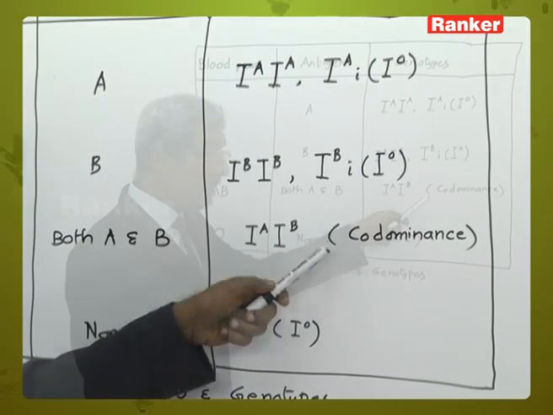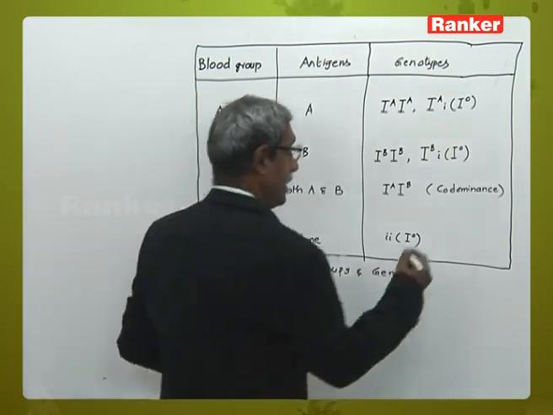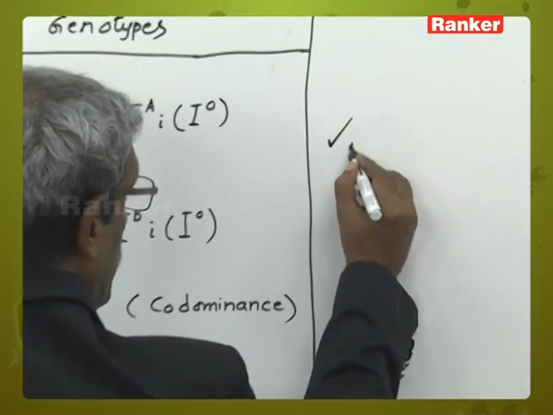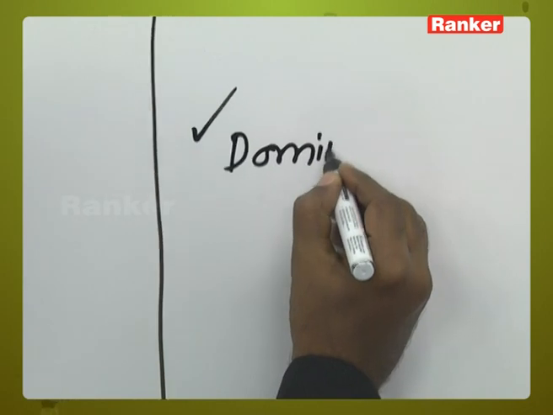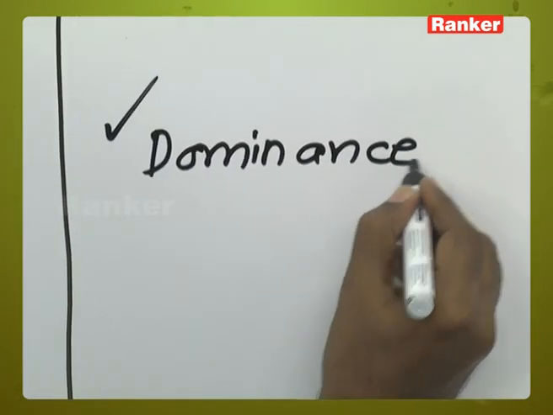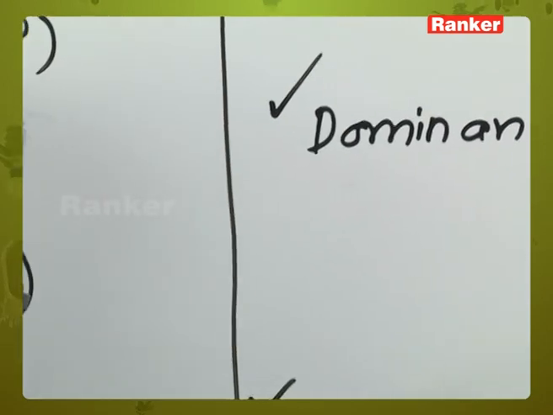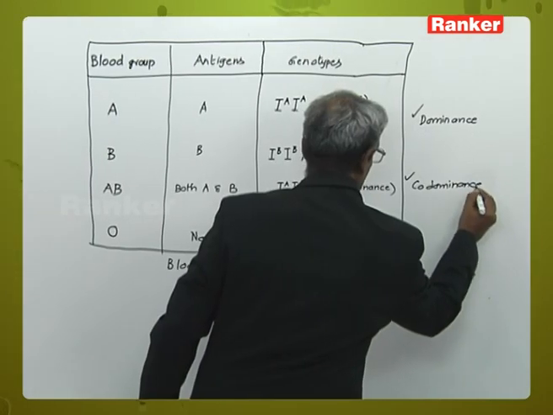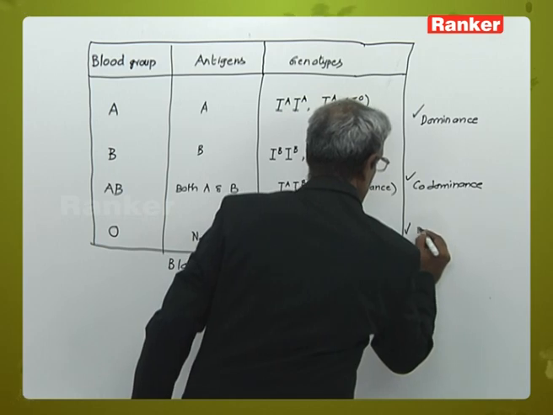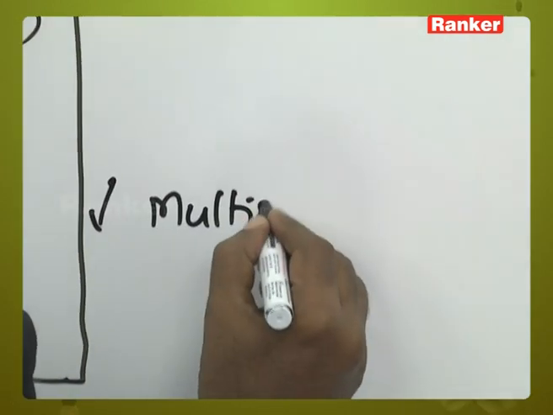So in the case of blood groups, we understand there is dominance, again there is codominance, and the third is that it is determined by multiple alleles.